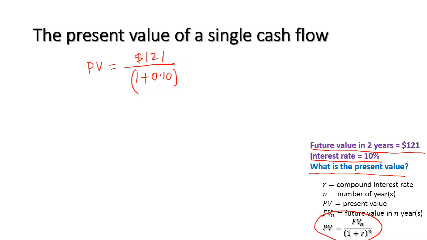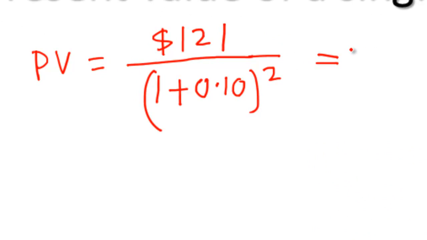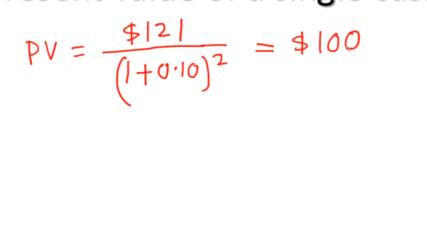The exponent should be N, that means in this case it is 2 years. If you use your calculator to find the result, you will see that the result is 100. So 100 is the present value.